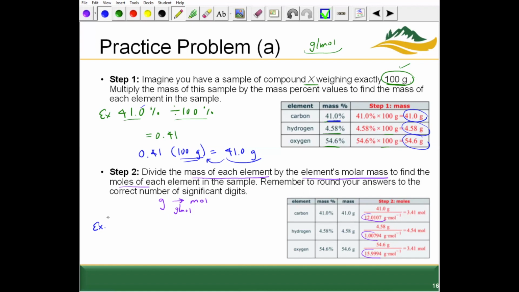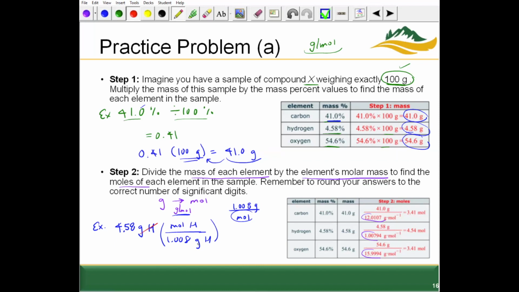To show you how those units work out, let's take 4.58 grams of hydrogen. If the molar mass of hydrogen is 1.008 grams per mole, how do we need to orient this conversion factor in order to leave us with just moles? Well, we need to put grams in the denominator, so 1.008 grams of H per mole of H, if we're being super consistent.